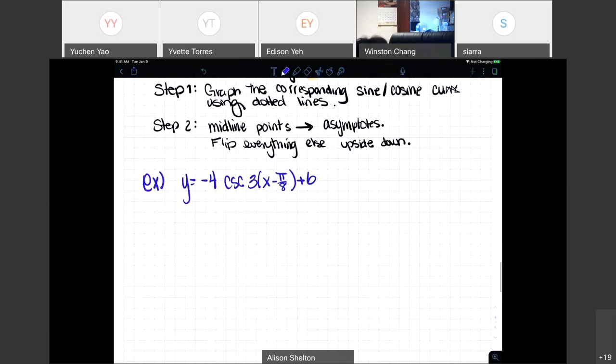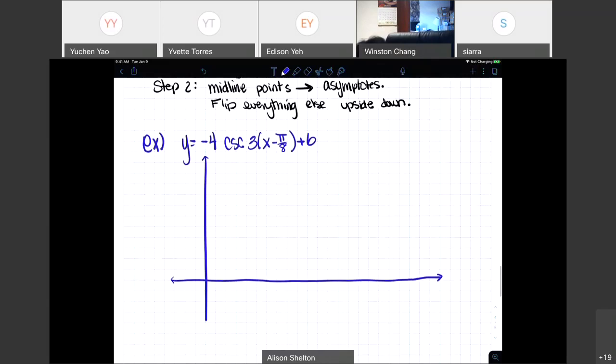So we're going to go ahead and make this graph. So this doesn't have amplitude, but we're going to still need those points. Since I have a vertical shift of +6, I'm trying to make sure I have plenty of room to draw this graph.